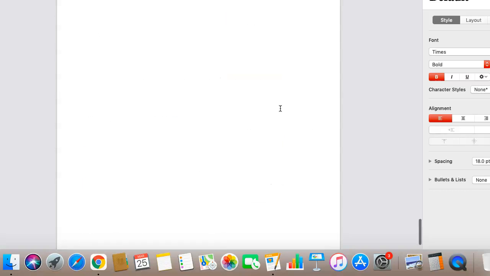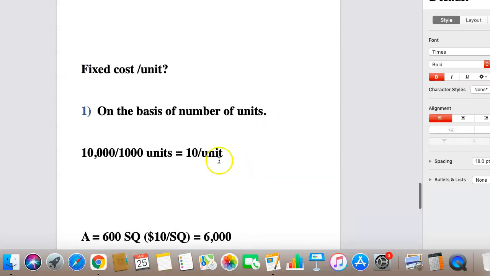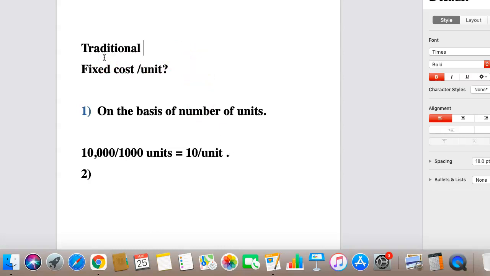Before we leave, there are 2 other ways of calculating the fixed cost per unit according to the traditional method, not the activity-based costing method. One method I told you is on the basis of number of units. There are 2 other ways which you should be aware of from the overheads chapter, right?